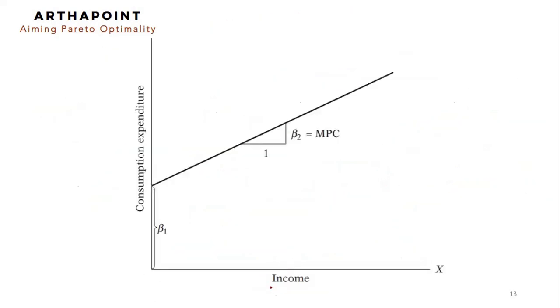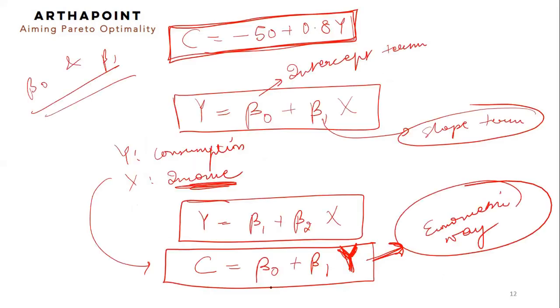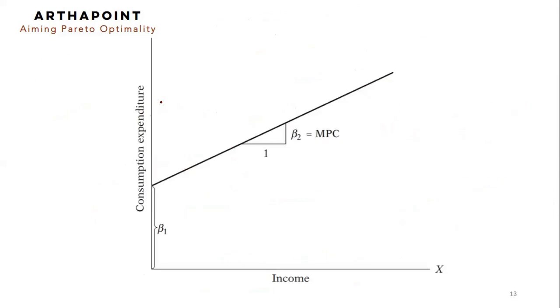I can also try and give a graph for this. Whenever you talk about any equation of this form, you can go back and see in maths also, and I discussed this yesterday in the microeconomics lecture also, that usually my equation is written in the form of y is equal to mx plus c, where m is the slope, c is the intercept.